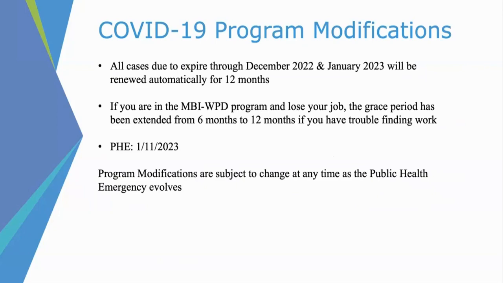And the PHE is currently extended through January 11th, 2023. Program modifications are subject to change at any time as the public health emergency evolves. So just be aware, this is what we know right now. But as we know, everything is constantly changing. So please be aware and alert for updates on anything. Next slide, please.